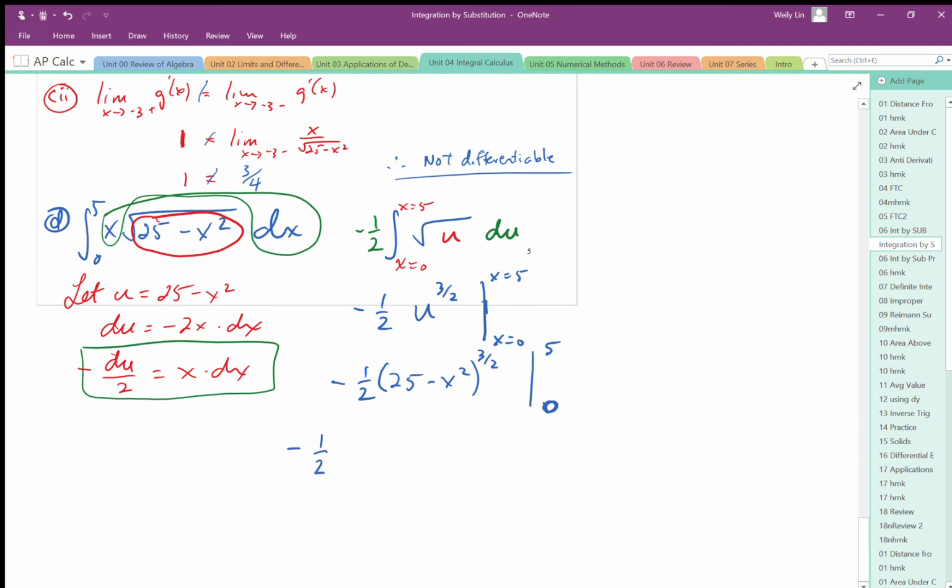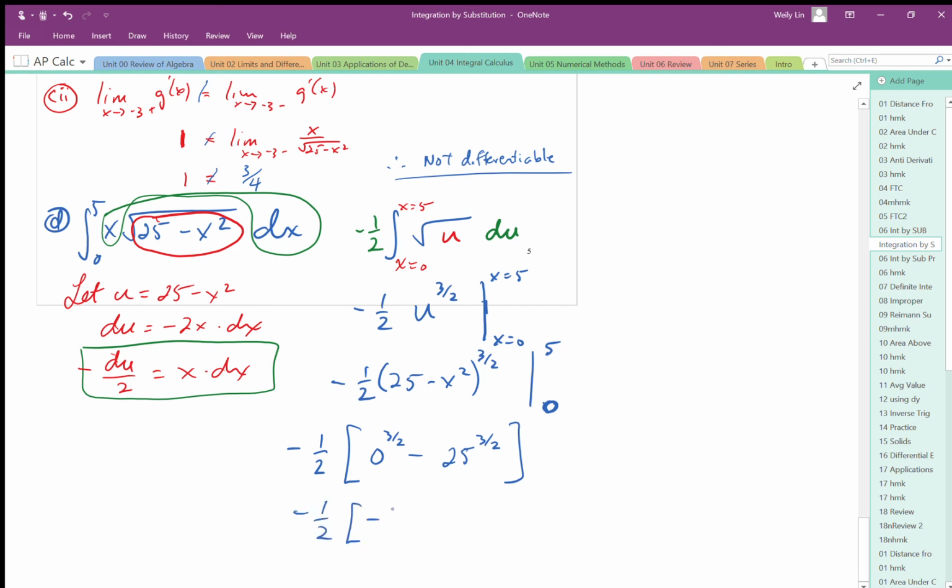So negative 2 thirds, and plugging in here, I get 25 minus 25, which is 0, minus 25 to the power 3 over 2 when I substitute in the 0, and the square root of 25 cubed is 125. Well, I'll do this in steps here.